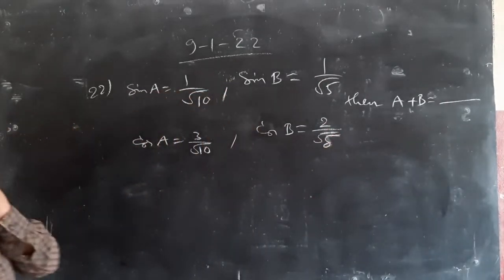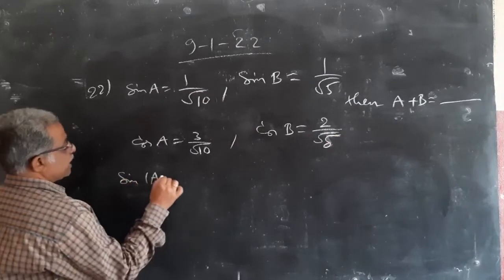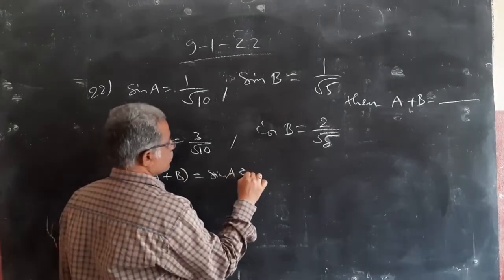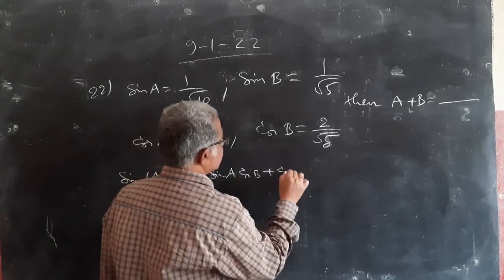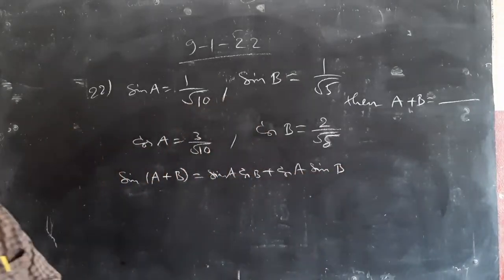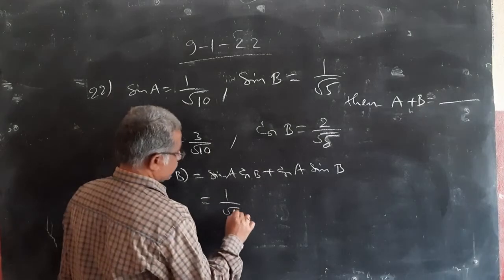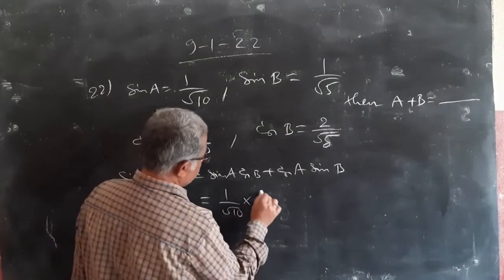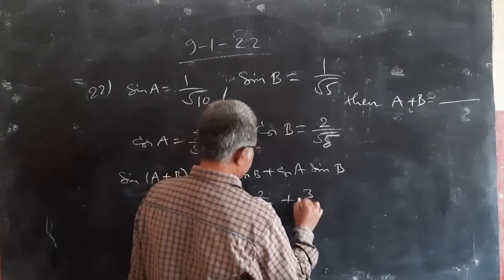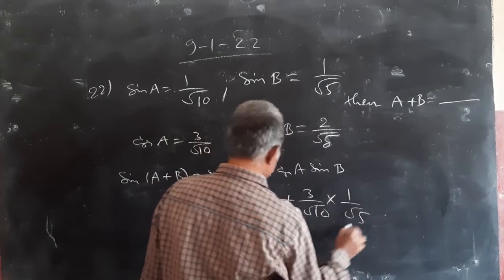Now we know how to find sin of A plus B. Sin of A plus B equals sin A cos B plus cos A sin B, basic formula. So sin A, 1 by root 10, into cos B, 2 by root 5, plus cos A, 3 by root 10, into sin B, 1 by root 5.